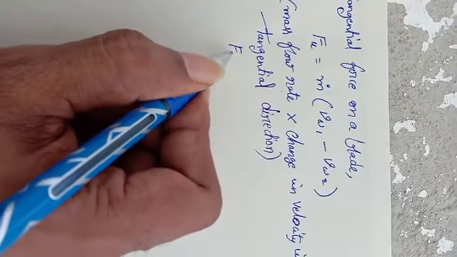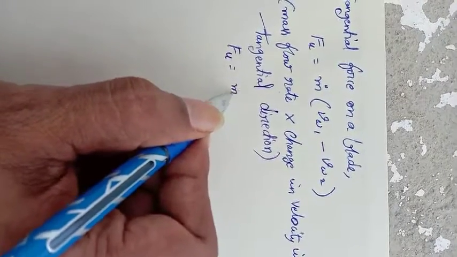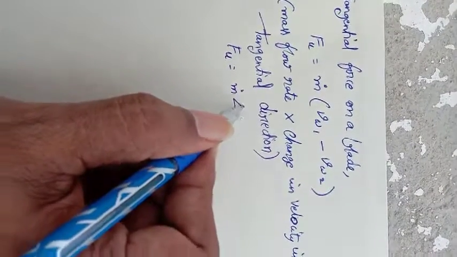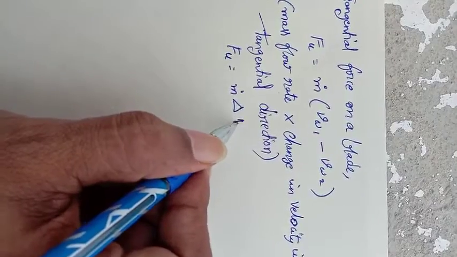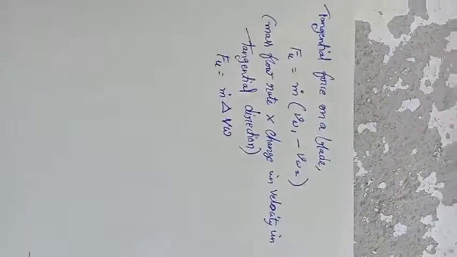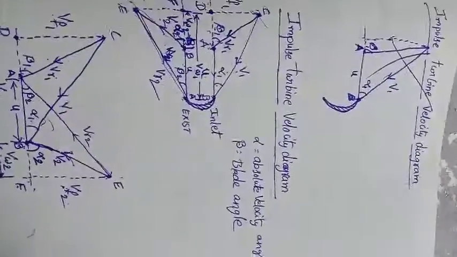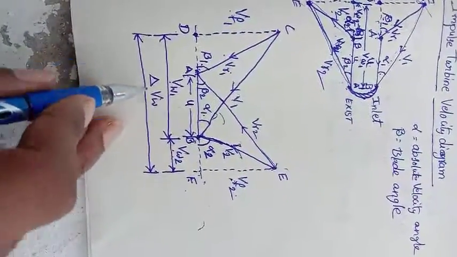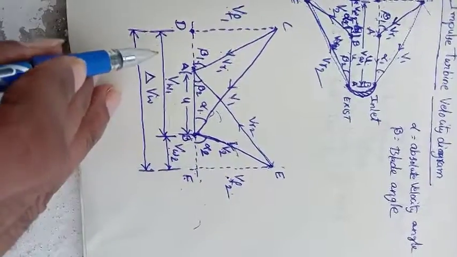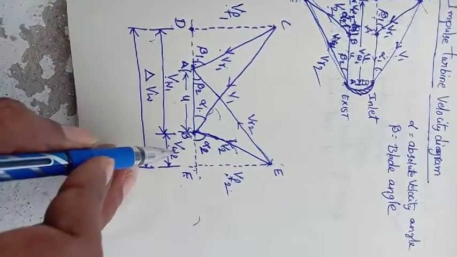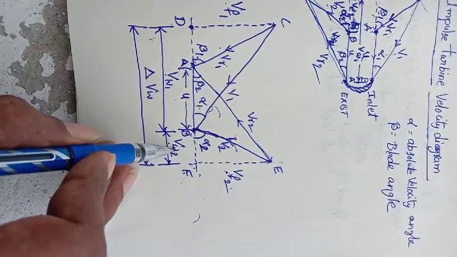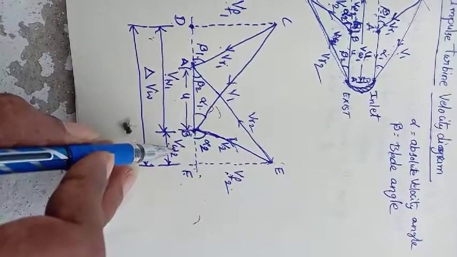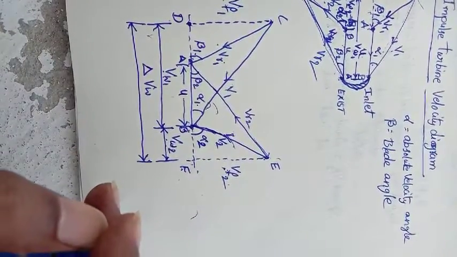So then Fu is equal to m into change in velocity. This is our diagram. So this is the change in velocity. Okay, now Vw1 minus Vw2.